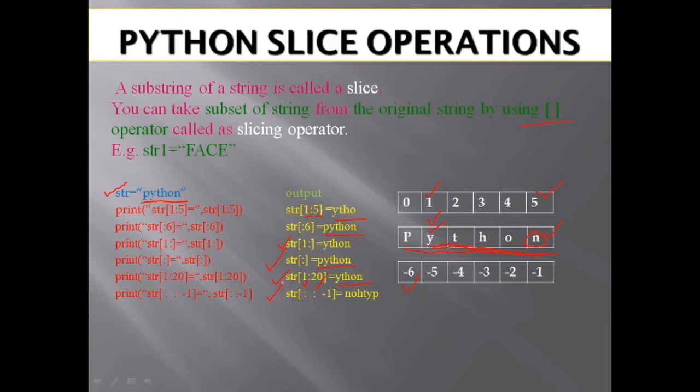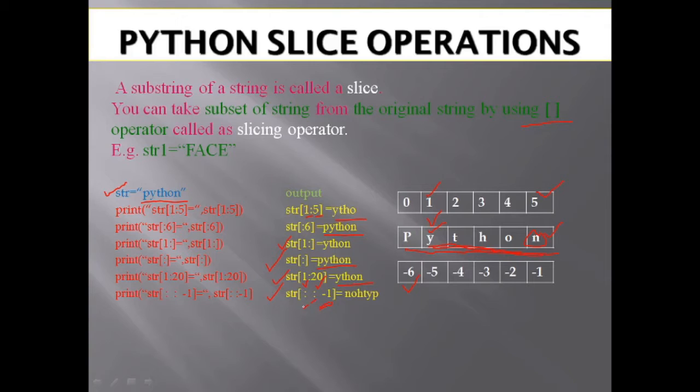Now see this last example here. Here we have neglected the starting position and the ending position, and this third step is included in this example. This third step tells us to read the string in reverse manner.